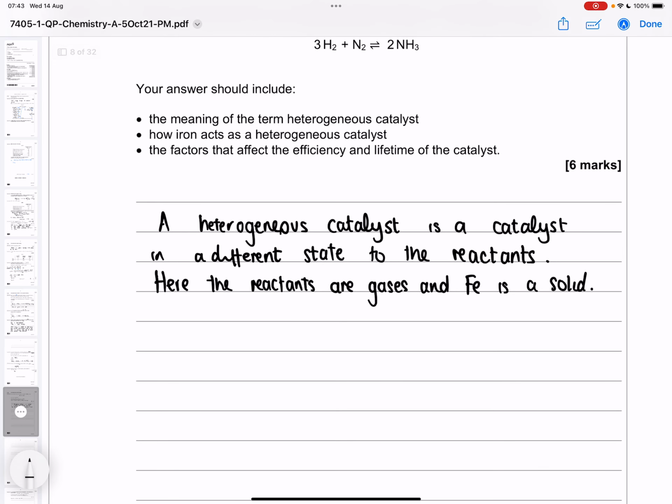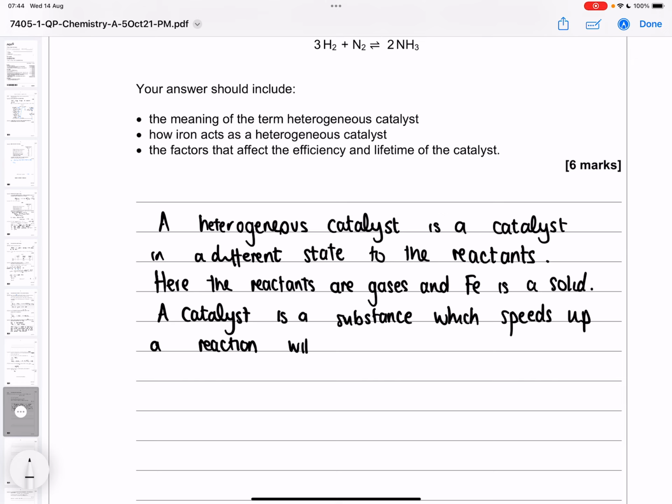What does catalyst mean? So a catalyst is a substance or species which speeds up a reaction without being used up.